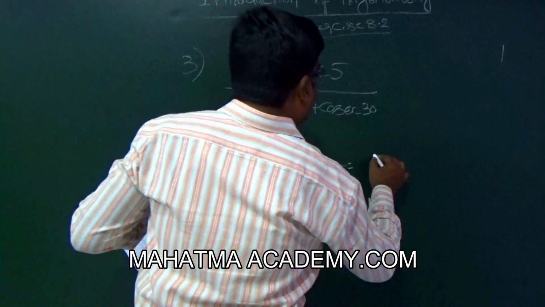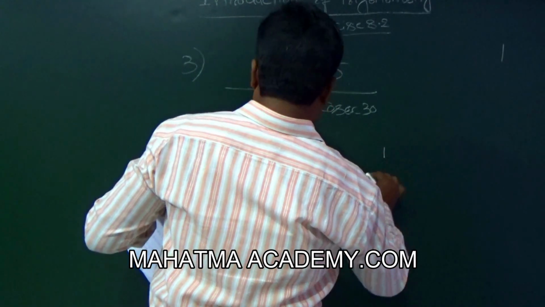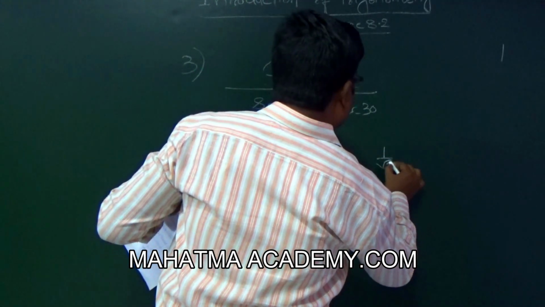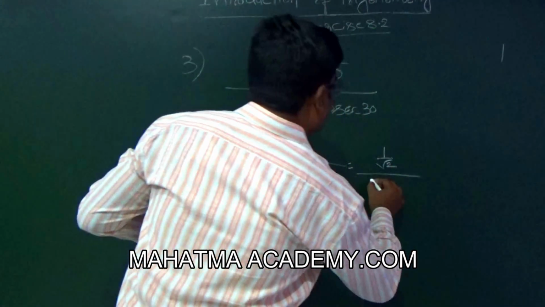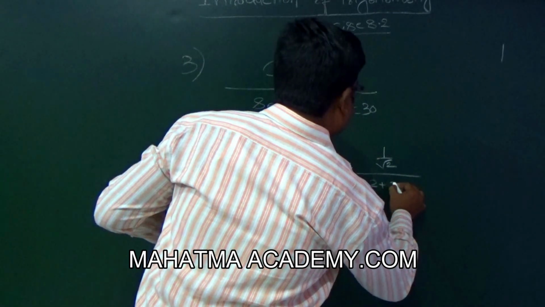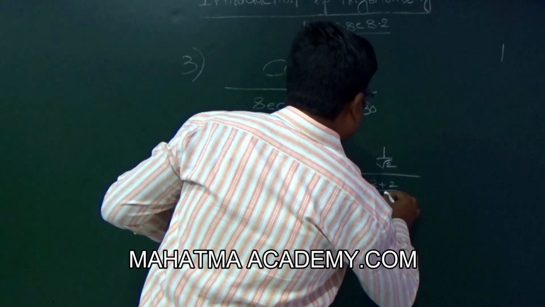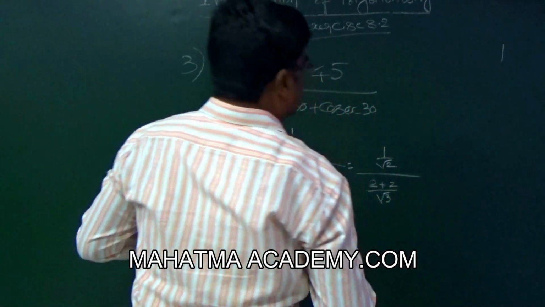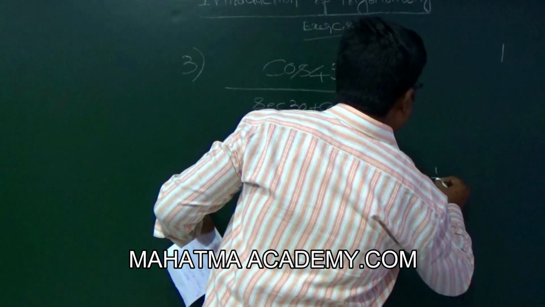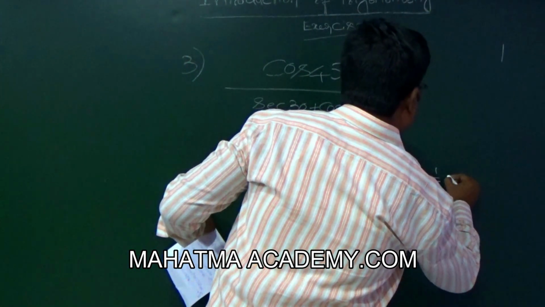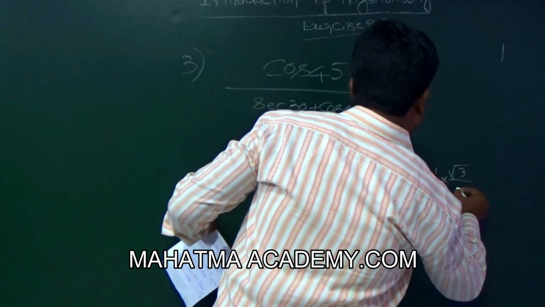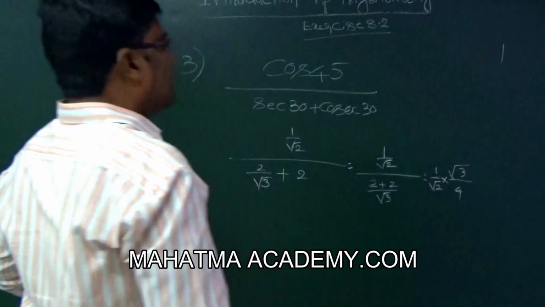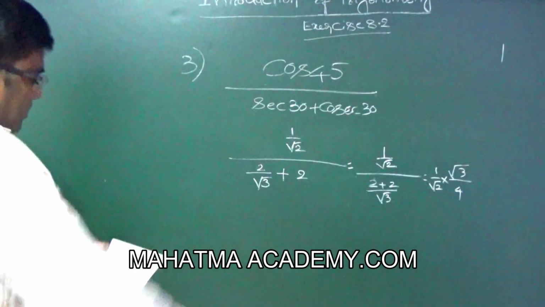Numerator is 1 upon root 2. Denominator is 2 plus 2 upon root 3.